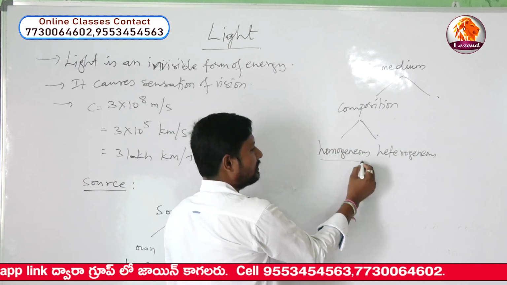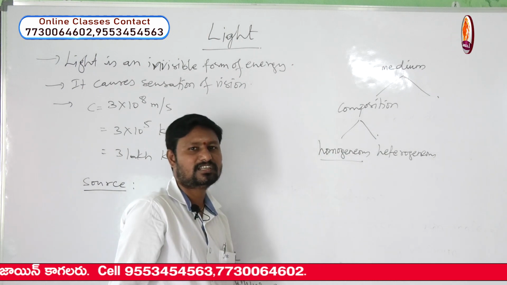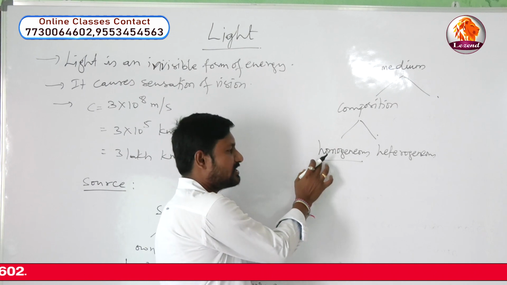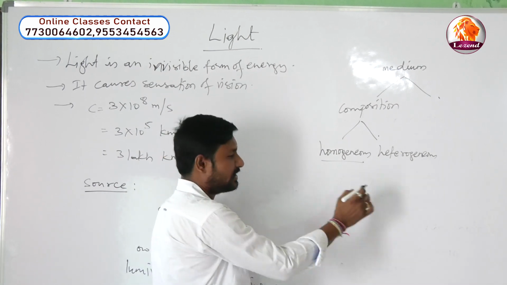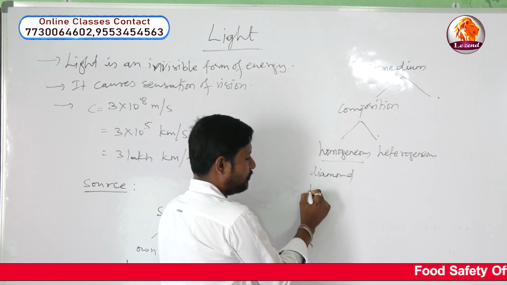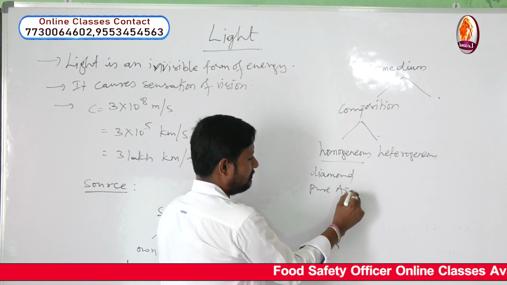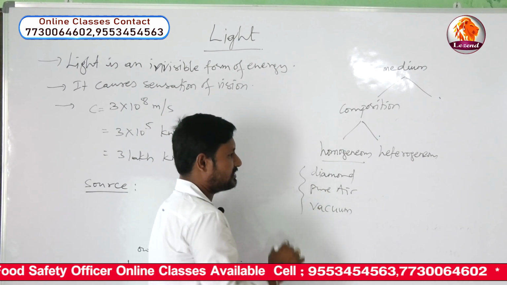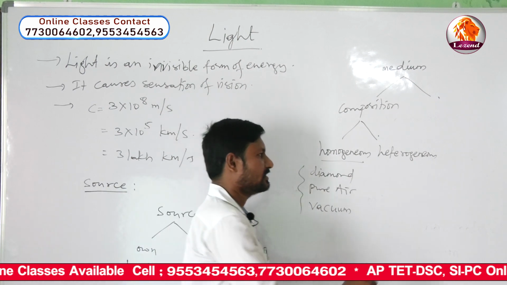Homogeneous means a medium whose composition is the same throughout, then such a medium is called a homogeneous medium. For example, diamond, pure air, vacuum, this type of materials we can consider as homogeneous medium.